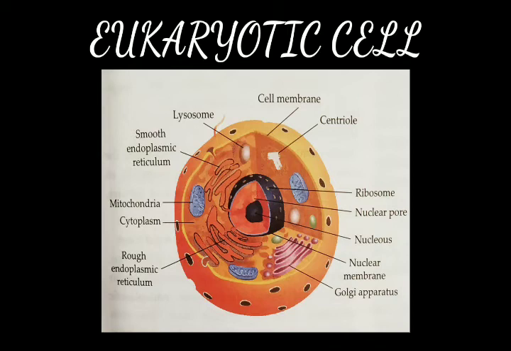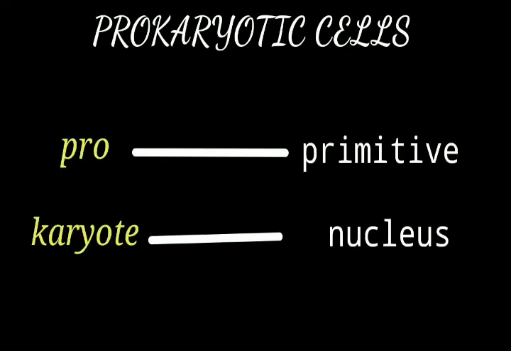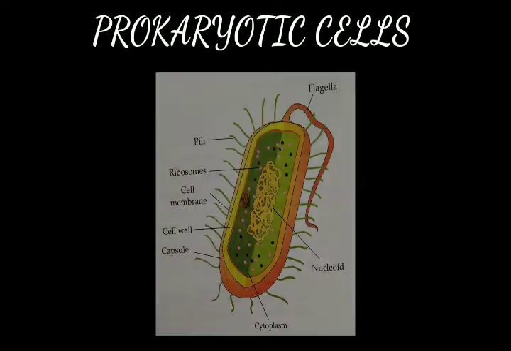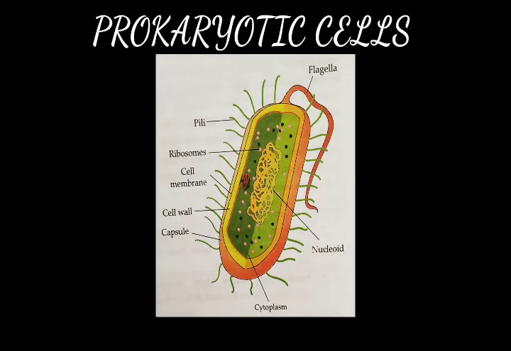Or a simple definition, a cell with a well-defined nucleus is known as eukaryote. And prokaryotes, pro means primitive, karyote means nucleus, in which a poorly defined nucleus is present. Pro means primitive nucleus, right?